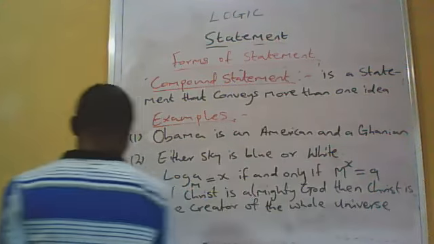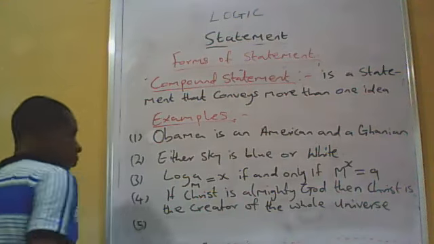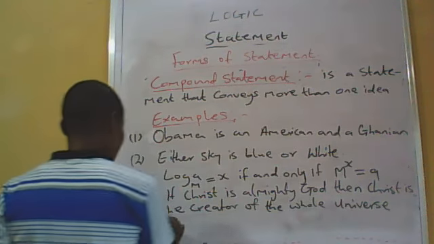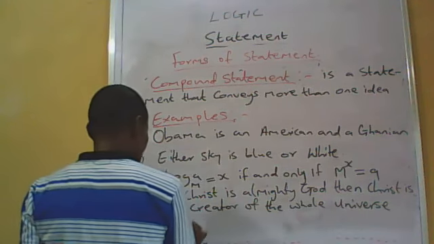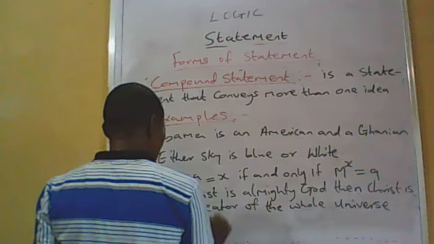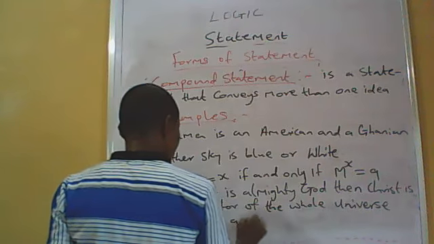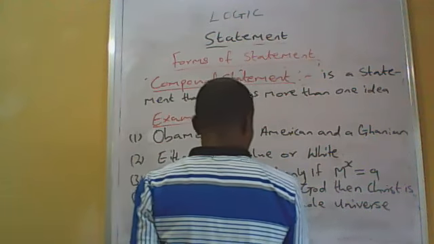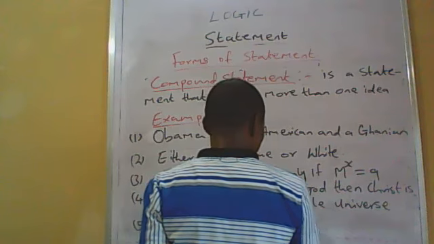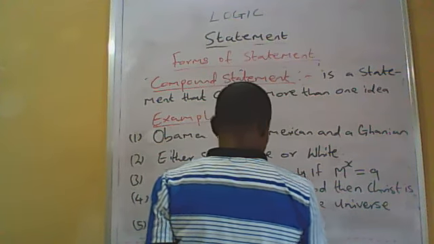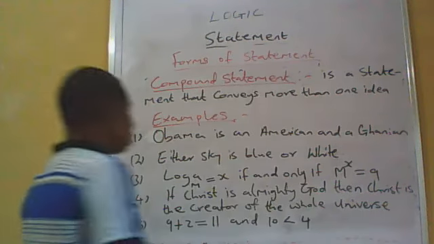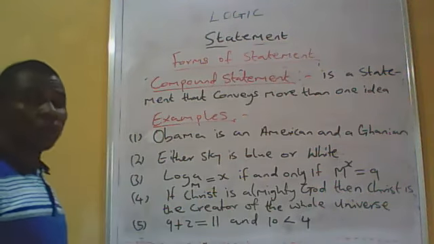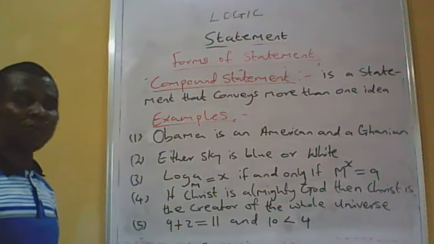Another one is five, 9 plus 2 is equal to 11, and 10 is less than 4. These are the examples of compound statements.